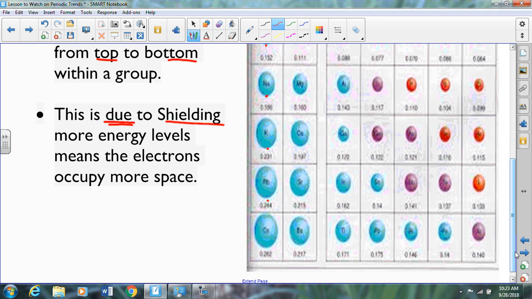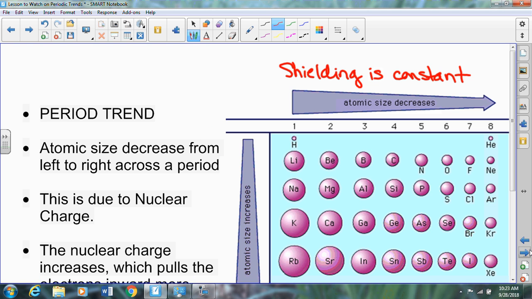When we think about the period trend, all the way back in Unit 1, I had you label the periods down this side of the periodic table. This is the first period and represents one energy level from hydrogen to helium. This is the second period, and everything here has two energy levels.